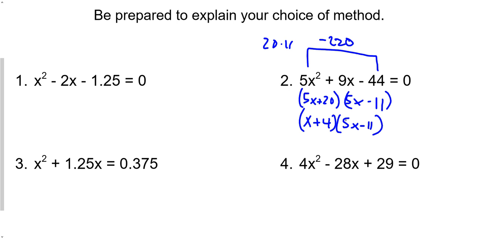Does that work? You get the negative 44, you get a 20, you get a minus, yes, that works. And so if this equals 0, then we have x equals negative 4 and x equals 11 divided by 5, based on all the work that we've done so far.